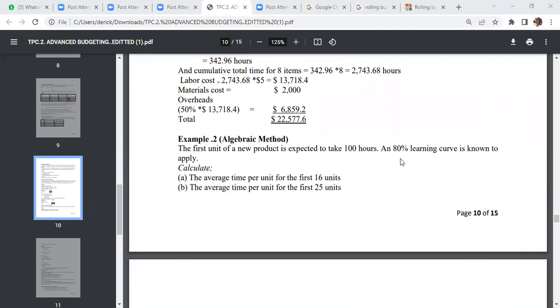So you know that my B will be equal to log 0.8 divided by log 2.